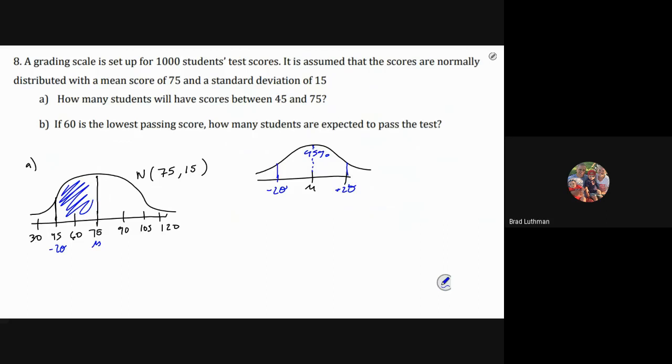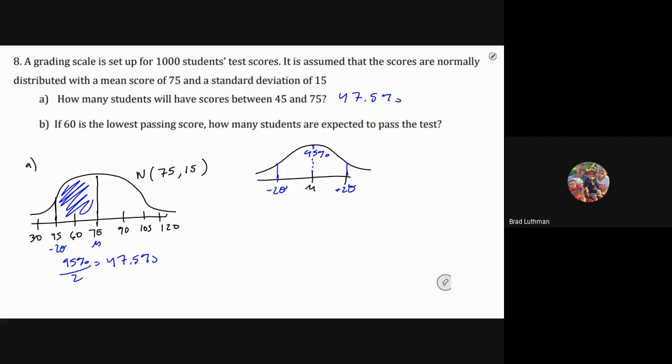We're between the mean and 2 standard deviations. So if we just divide this by 2, I think it's 47.5. We get 47.5%. If 60 is the lowest passing score, how many students are expected to pass?